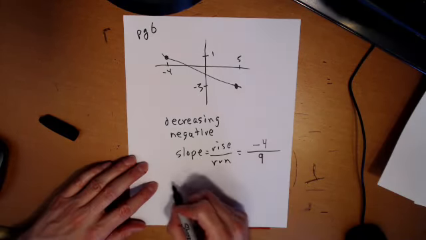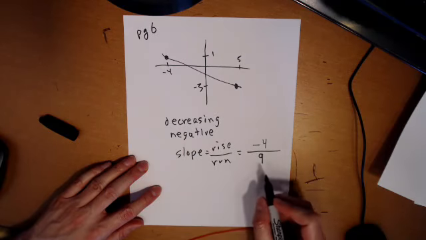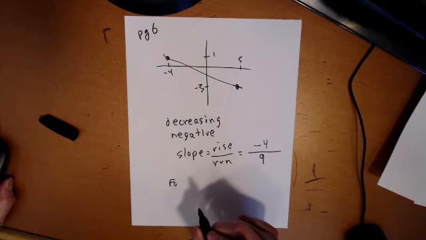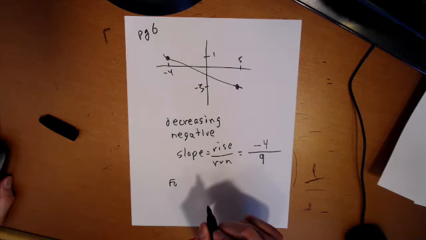Write a sentence that interprets the slope. So we rise and we run. How can we state that eloquently?